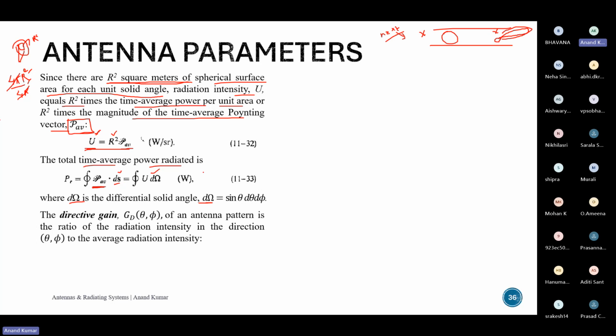So ds is the total surface area, right? How do we write this? I just forgot how to write. I think it is r square sine theta d theta d phi.